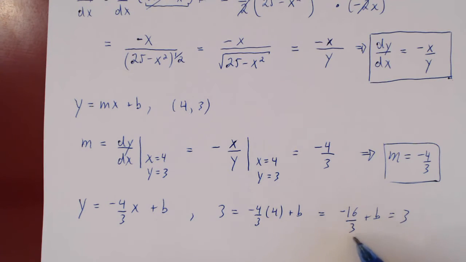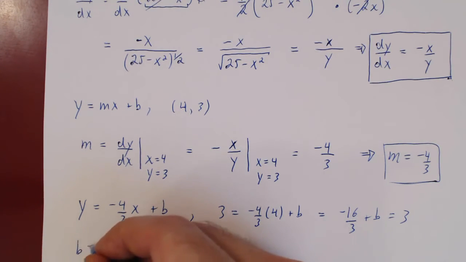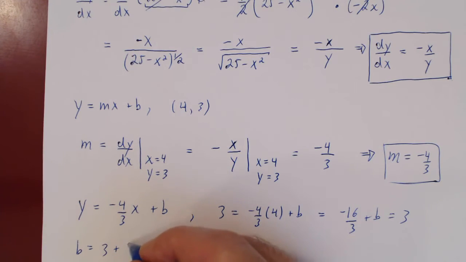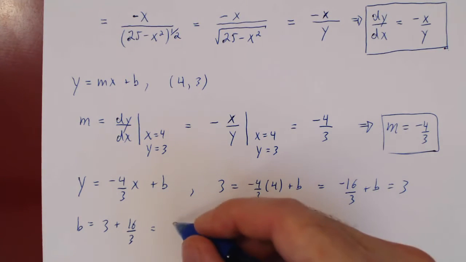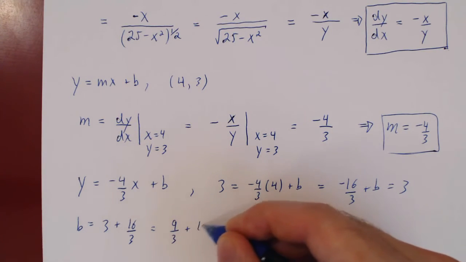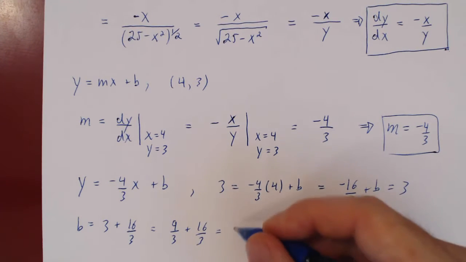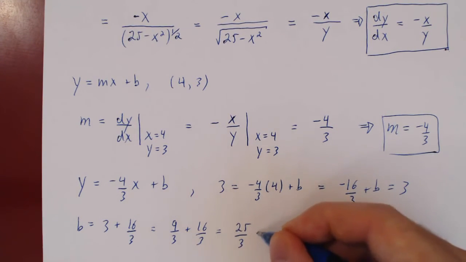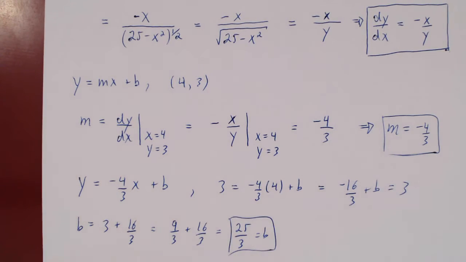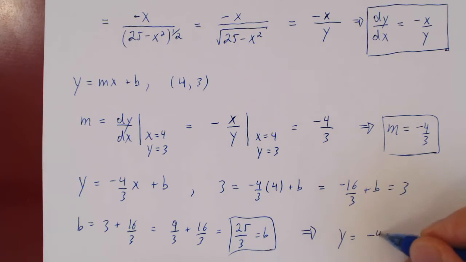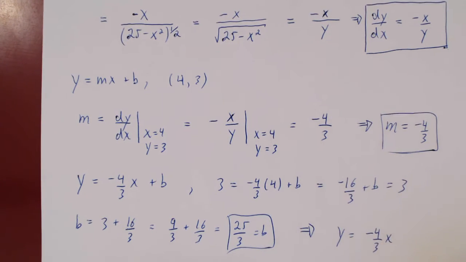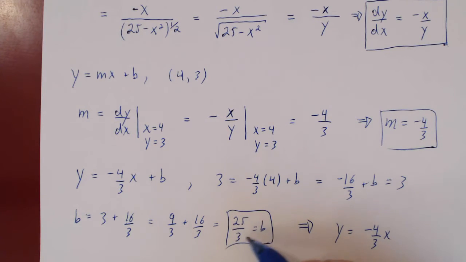So add 16/3 on both sides. So b equals 3 plus 16 over 3. Well, put this 3 over 3, it's 9 over 3. So it's 9 over 3 plus 16 over 3, which gives you 25 over 3. And this is your value of b. So our conclusion is that the tangent line is given by negative 4/3 x plus 25 over 3.